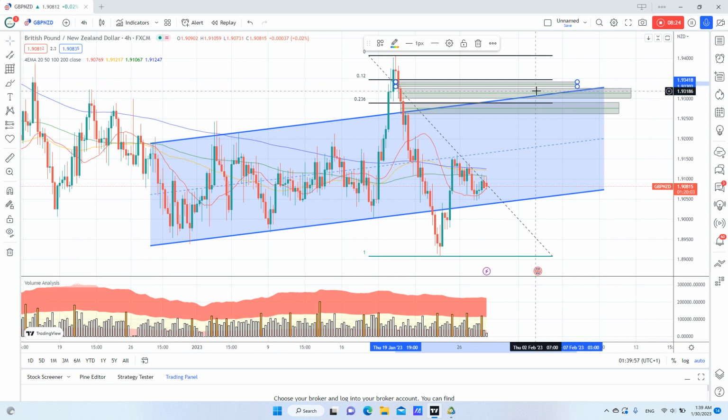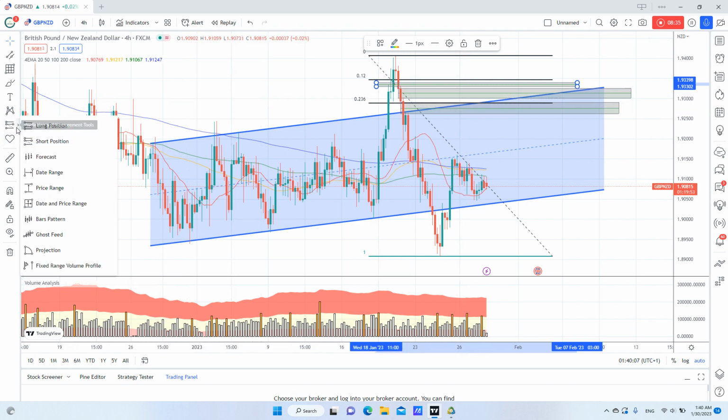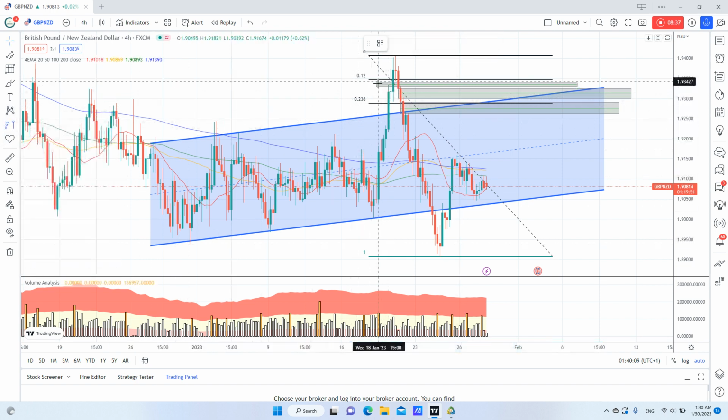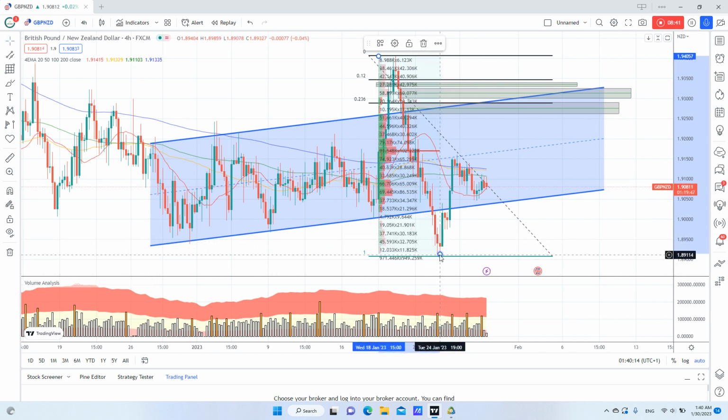So I think the best entry will be maybe in between, like this one here, or we can use the volume profile, but it gave us one that is here.